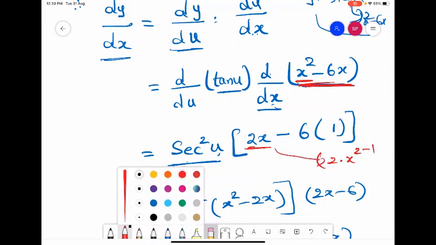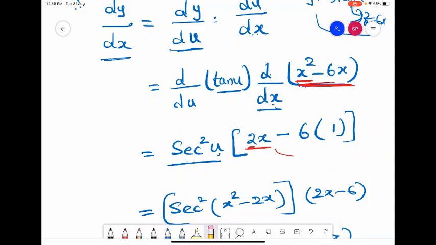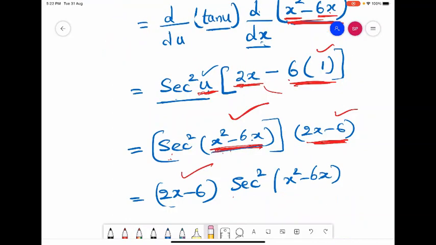So this is 2x minus, then 6 into derivative of x is 1. So 2x minus 6. That is equal to secant square of, in place of u you substitute the given value, x square minus 6x, into 2x minus 6. So which is equal to 2x minus 6 into secant square of x square minus 6x.